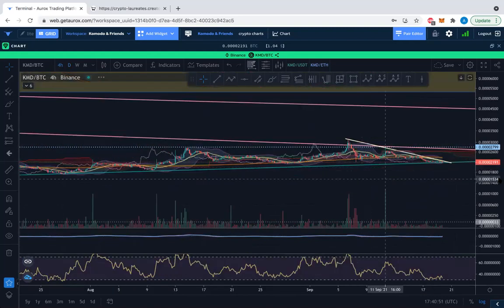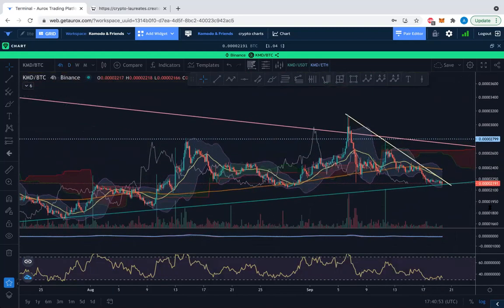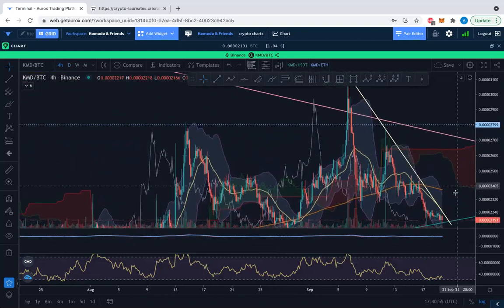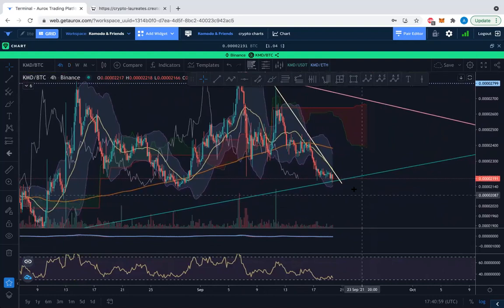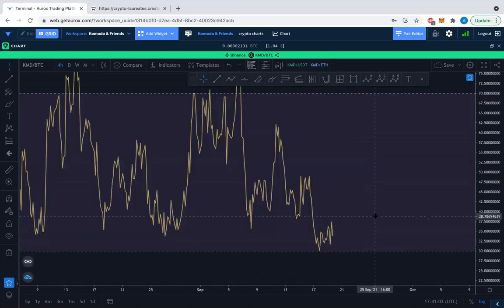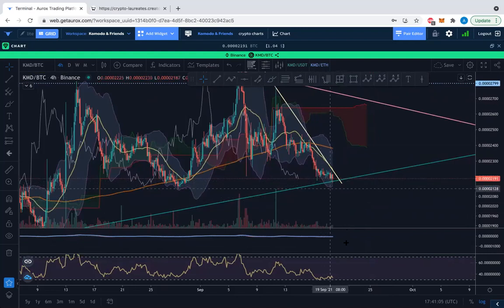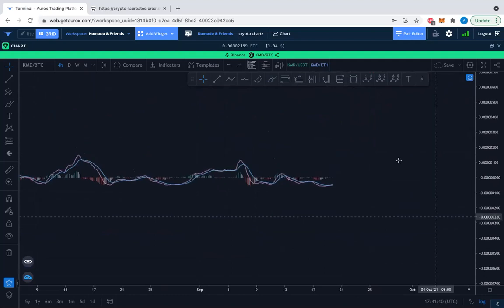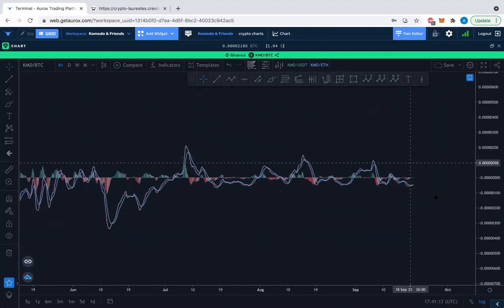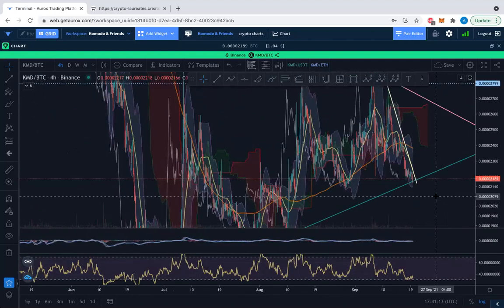Well, let's check on the 4-hour. On the 4-hour, we're looking for some sort of pattern that tells us we're done. And I think it's looking decent. We're starting to get some divergence with the RSI and the price. And in terms of the MACD, it favors moving into positive momentum.